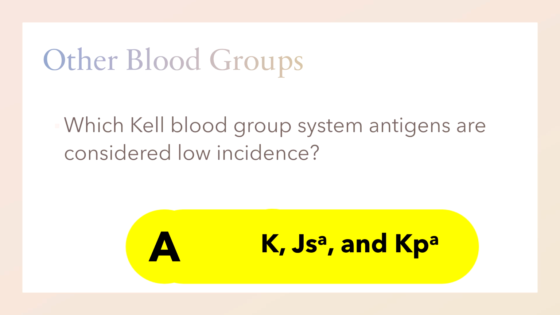K, Jsa, and Kpa. Notice that in each one, it's the first one that's low incidence and the second one that is high incidence. So K is low incidence, k is high incidence, Jsa is low incidence, Jsb is high incidence, Kpa is low incidence, Kpb is high incidence.